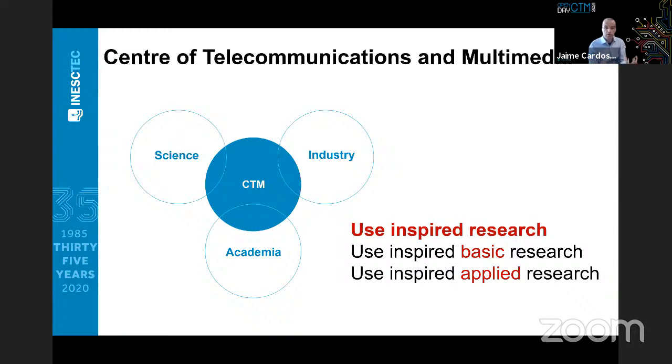So solving real problems with cutting-edge research is basically what we do, and that's all about this topic, edge intelligence and 6G. So it really is a key problem for us in terms of our vision and mission.